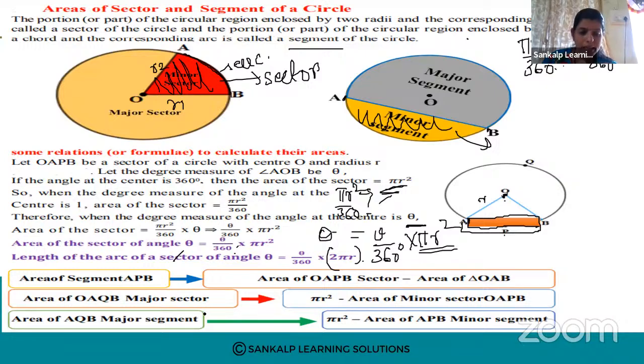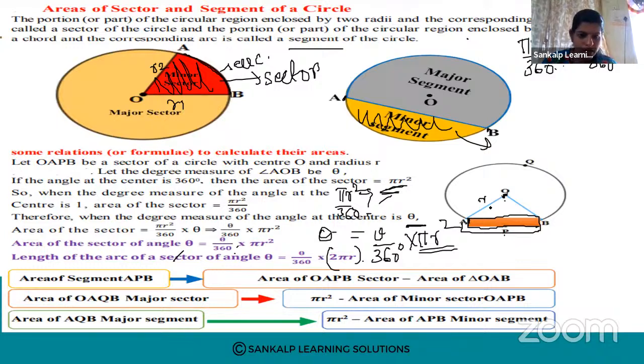Area of OAQB, the major sector. If you want to find the major sector, pi r square means the area of the full circle, right? So to find the area of the major sector, pi r square minus the area of the minor sector. Then you get the area of OAQB major sector.